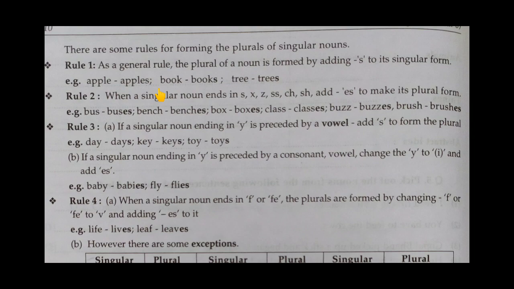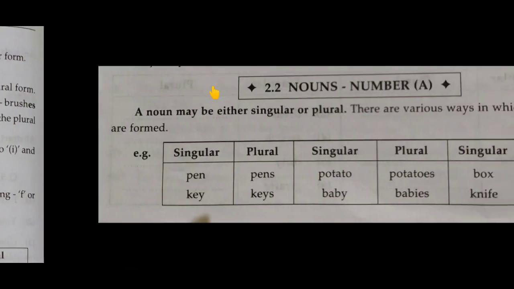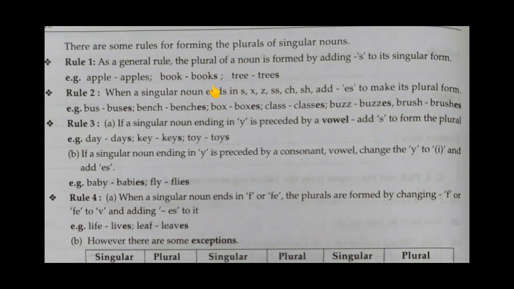So here only s is added. Book, books. Here also, for one book we use book, and for 2 books we add only s to its singular form. Third is tree, trees. So here also only s is added to make it plural.